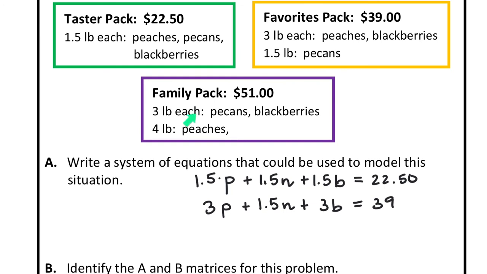And then the last equation is based on the family pack: 3 pounds of pecans, 3 pounds of blackberries, and 4 pounds of peaches. So it's going to be 4 pounds of peaches plus 3 pounds of the pecans and 3 pounds of the blackberries. It's going to add up to, or cost, $51.